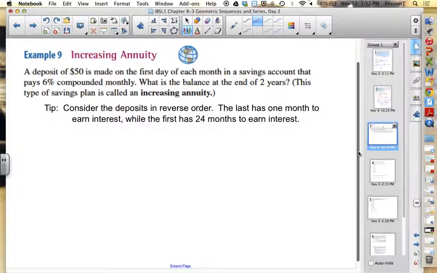This sounds like quite a problem. Okay, so I've given you a little bit of a tip. We're going to look at them in reverse order. So it's 2 years, so the last deposit, N equals 24, is the 24th month.